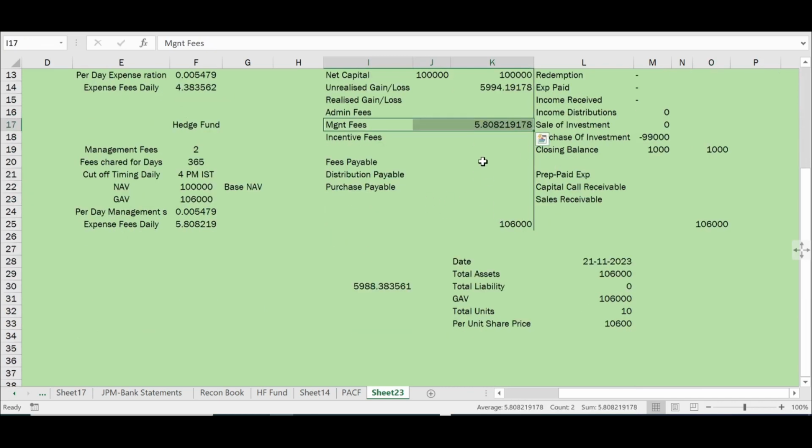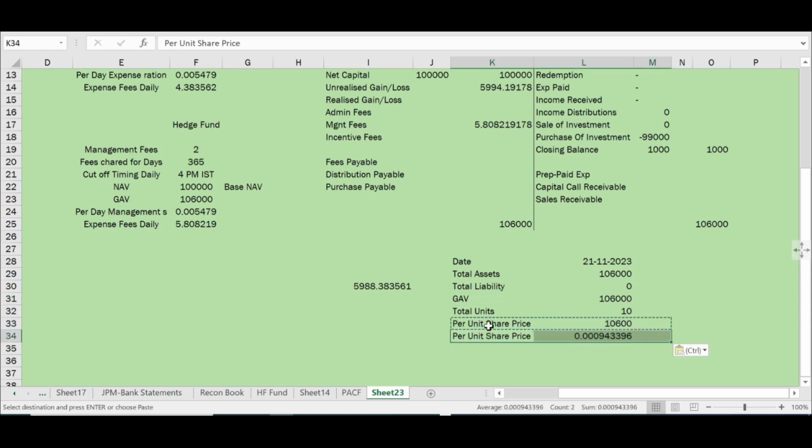But now we have liabilities. Liabilities, it means management fees. And of course this will affect per share net asset value. Because total GAV is 106000, but after, let's say, NAV after management fees.